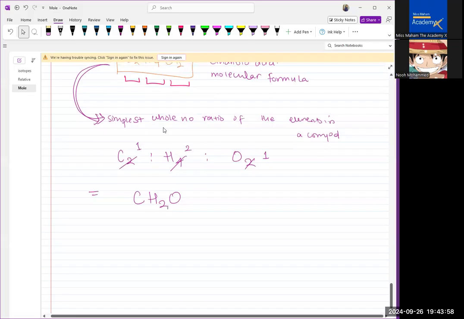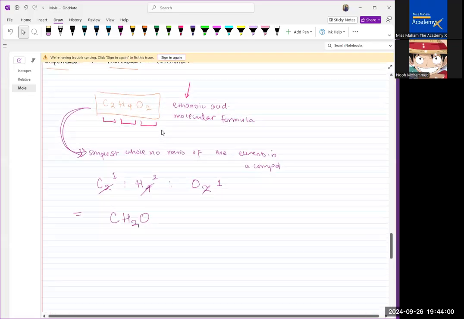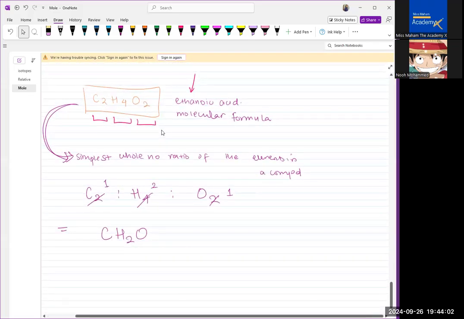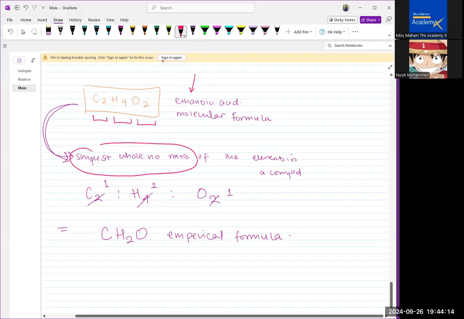Get it till here? Okay, so this is my empirical formula. Again, what was the empirical formula? It tells you the simplest whole number ratio of all the atoms present in a compound.